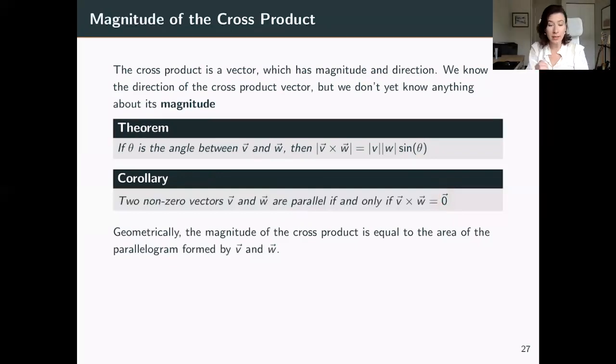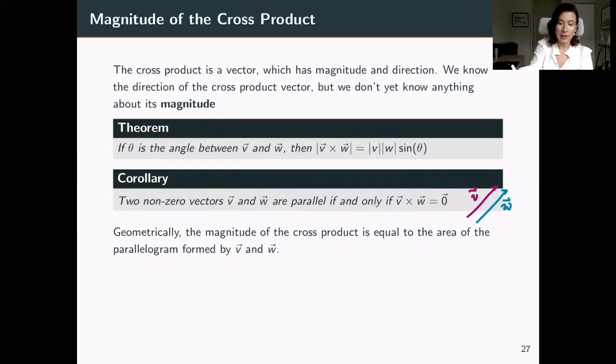Recall that two vectors are parallel if and only if those two vectors are in the same direction. So if I have a vector v and another vector w that is in the same direction as v, remember that the angle between these two vectors would be 0.